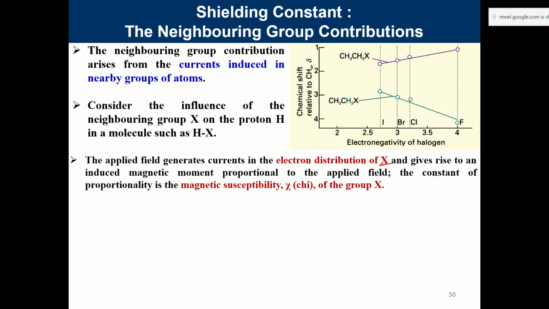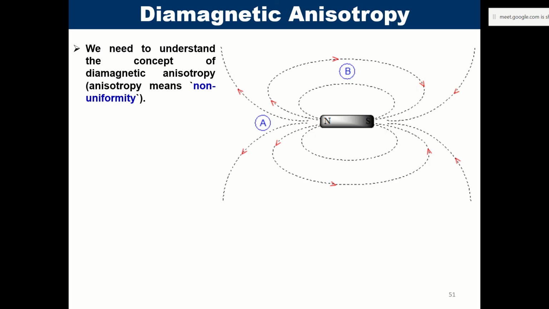You have already learned in the previous second semester about magnetic susceptibilities. Depending on how susceptible it is, each halide ion will have a different magnetic susceptibility, that is, how easily the electron cloud can be distorted and forced into circulation.